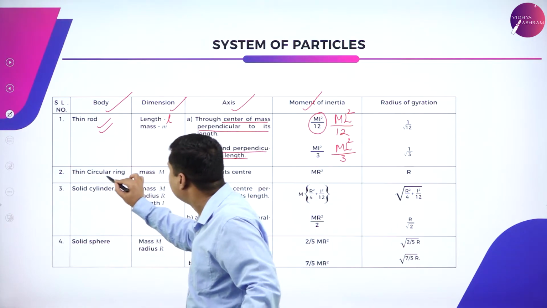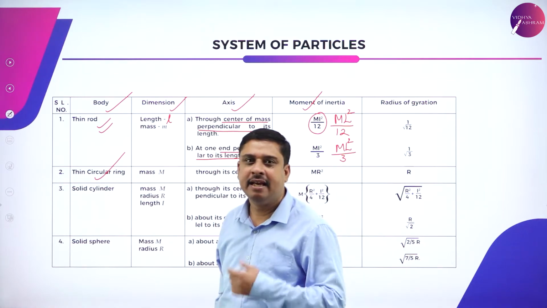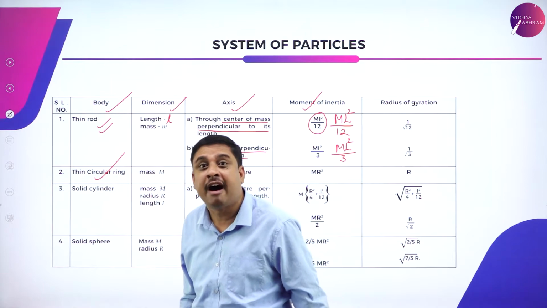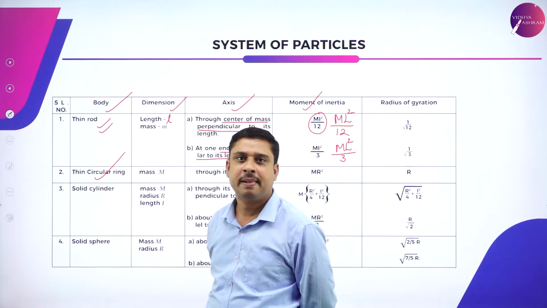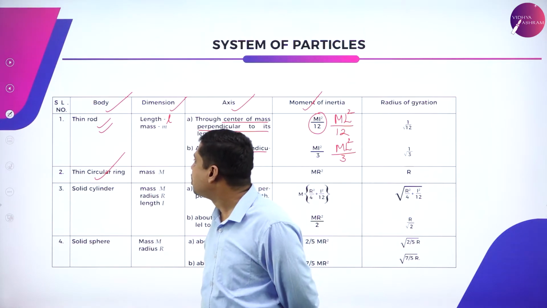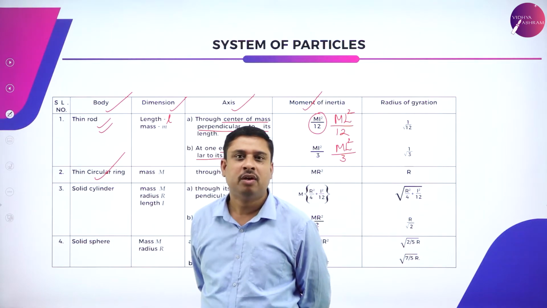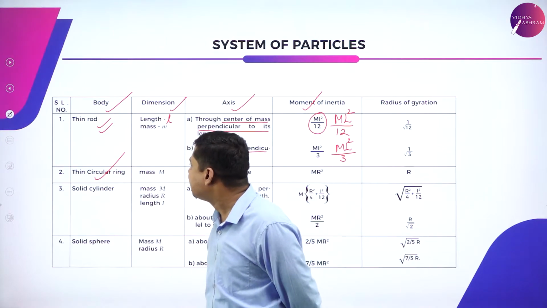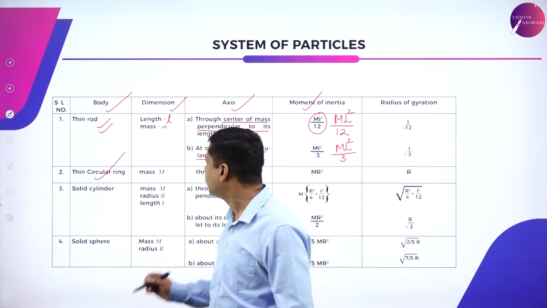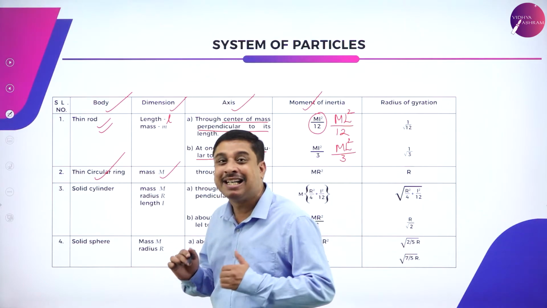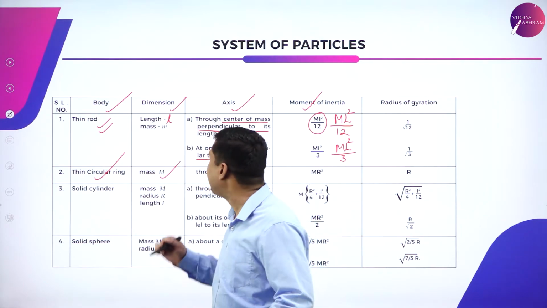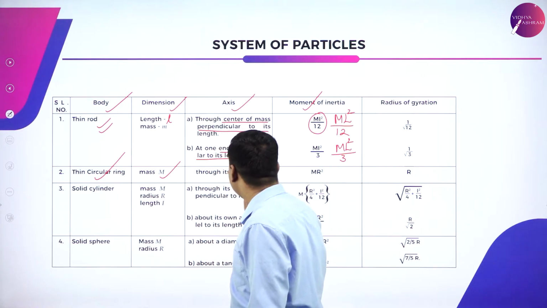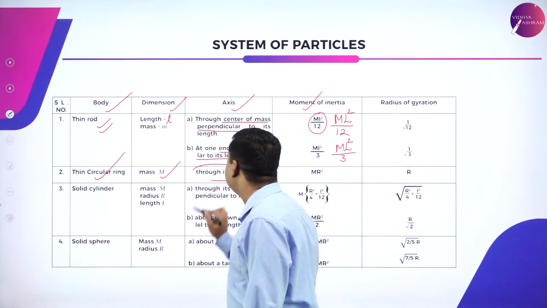Next one, the body is a thin circular ring. What is the shape of the body now? Geometry of the body, thin circular ring of mass M. Circular ring, dimension mass M, passing through its center.